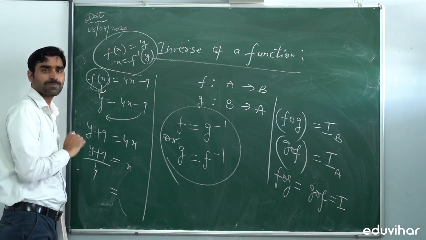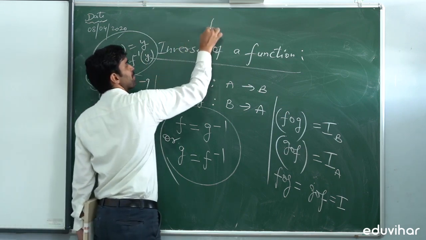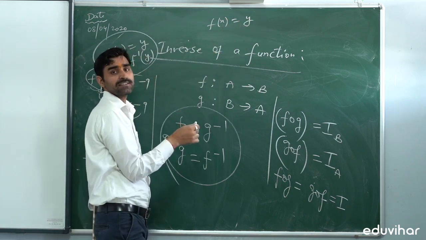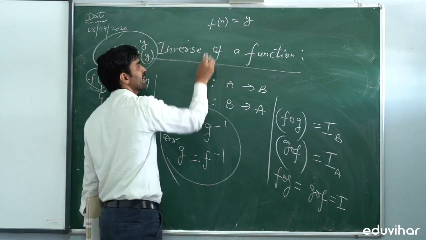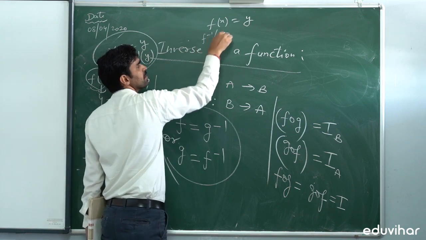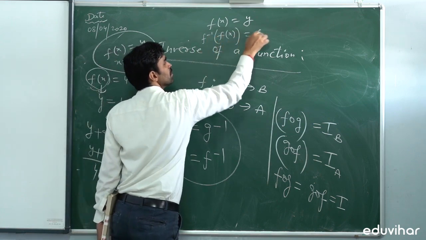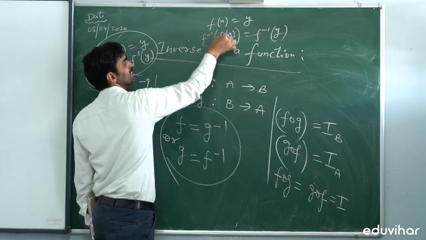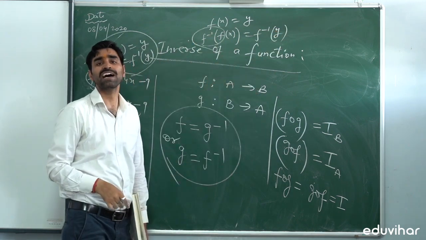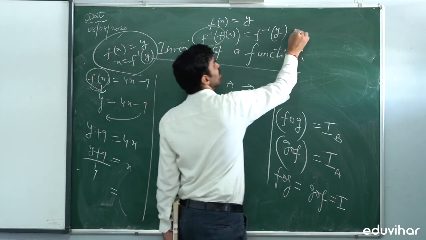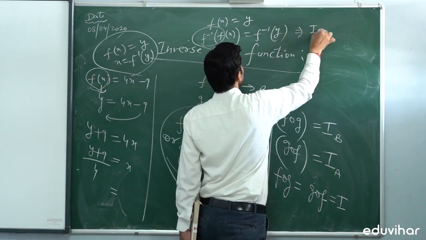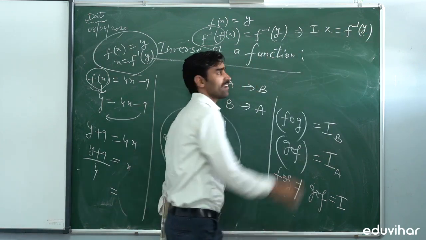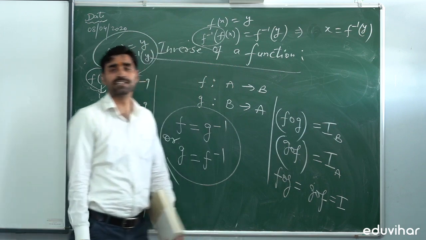कैसे? इनवर्स की प्रॉपर्टी के अकॉर्डिंग होता है, जब आपके पास f(x) equal to y है, हम ये कहेंगे taking inverse function on both sides, then f inverse of f(x) must be equal to f inverse of y. Here f inverse into f must be equal to identity, that is we have identity into x equal to f inverse y, or you can say x equal to f inverse y.